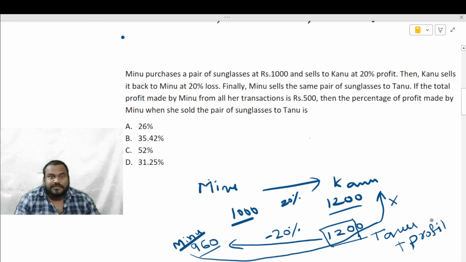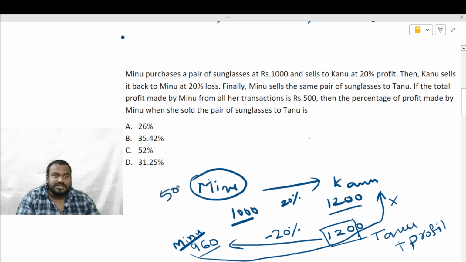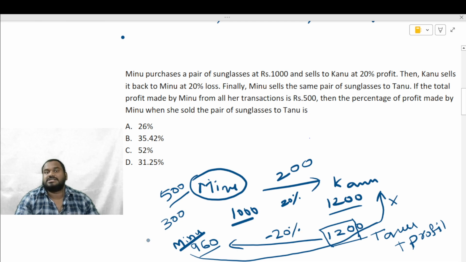If the total profit made by Minu from all her transactions is 500. Total profit is how much? 500. Here she got 200 profit. Okay. Now, in the other transaction, she should get the remaining 300.